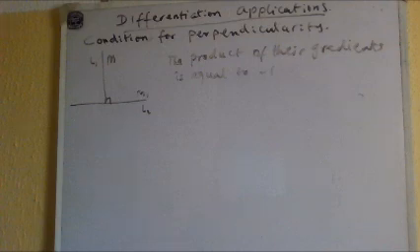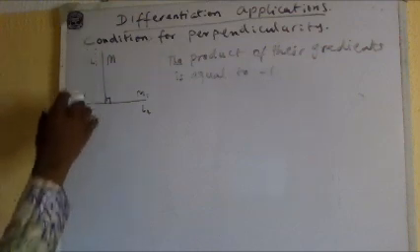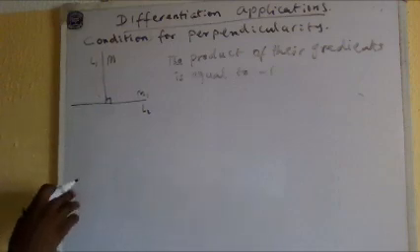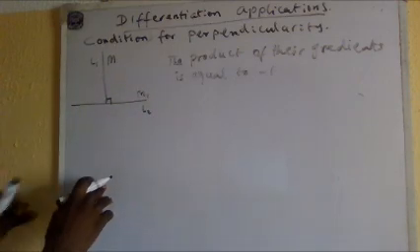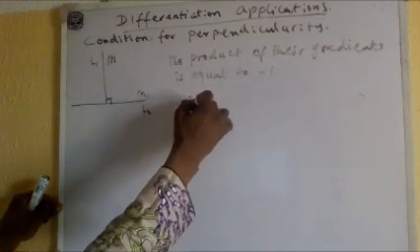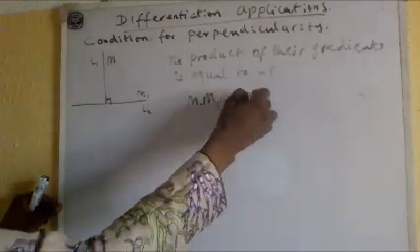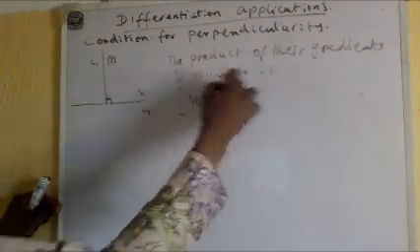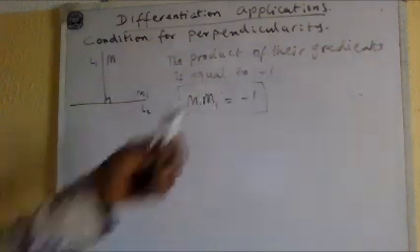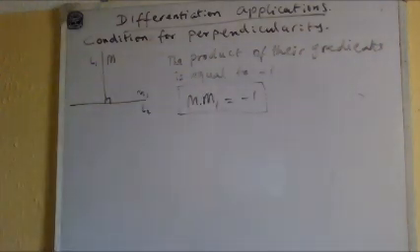In mathematical form, if I have two lines, L1 and L2, where L1 gradient is m and L2 gradient is m1, m times m1 is equal to -1. This is the condition for perpendicularity. If the two lines are perpendicular, the product of their gradients will be equal to -1.